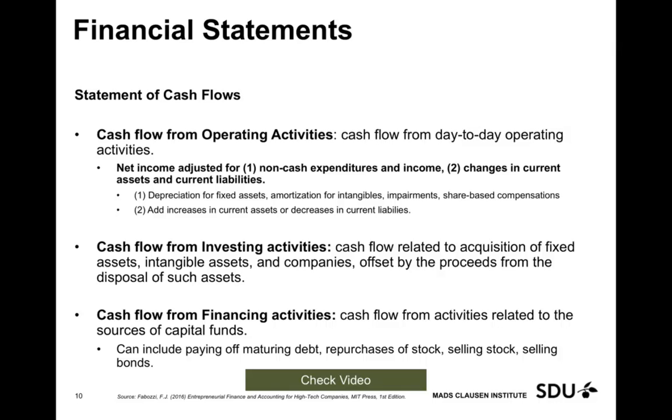Here what we have is additional cash that is coming into the company, but is not related to specific investments, is not related to their day-to-day operations, but is related to stock that they are selling, or maybe they are repaying debt. So their own financing structure might be a source of cash generation.